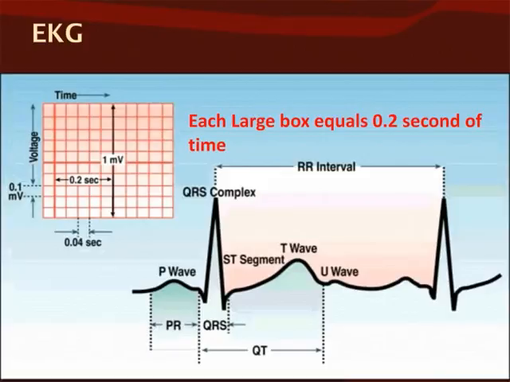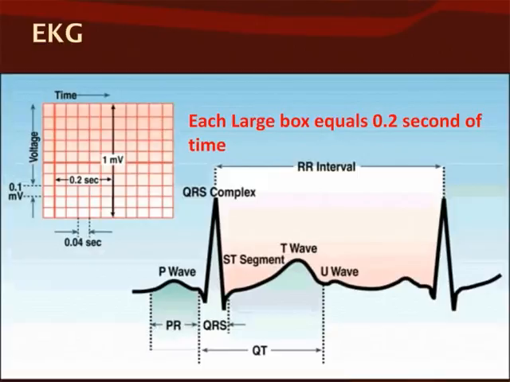A PR interval would include the P wave to the beginning of the R wave. But it actually looks like it only goes to the Q, so don't get confused about that, but that's what's considered the PR interval. And that represents about 3 to 5 small boxes, or 0.12 to 0.20 second wide.